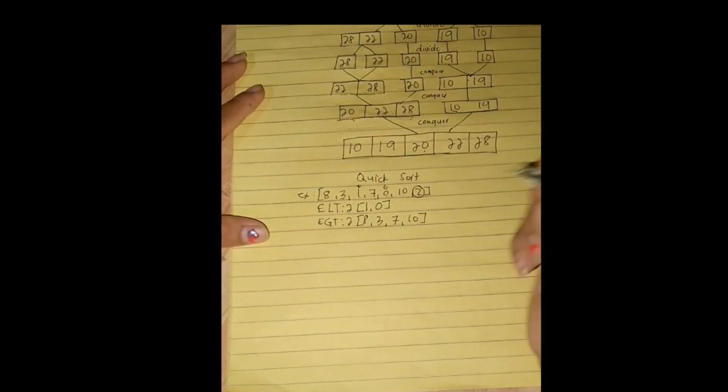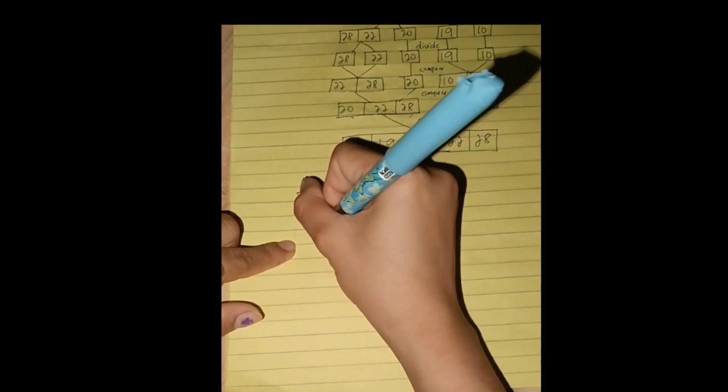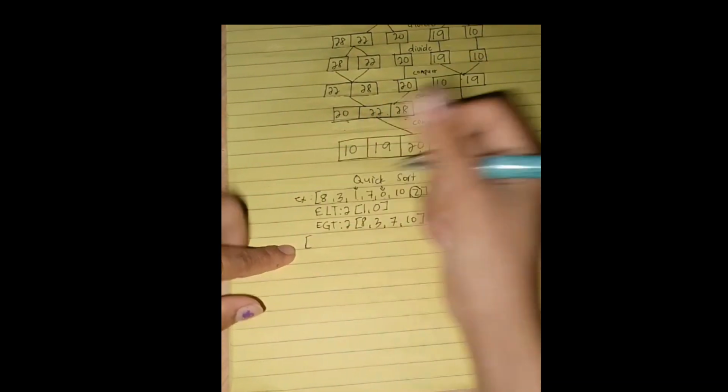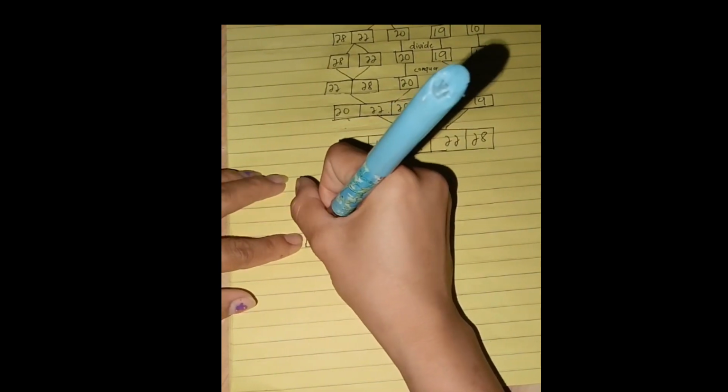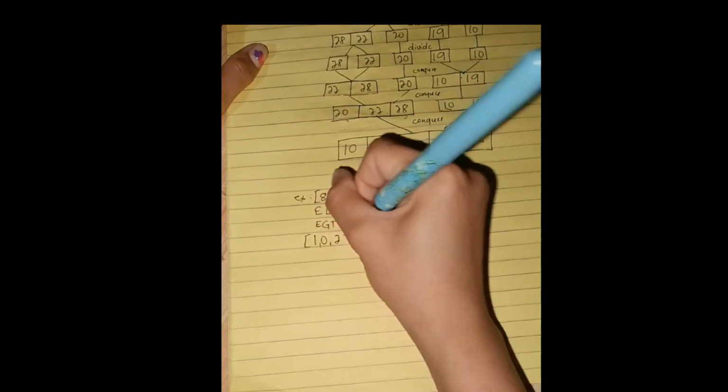At i-arrange naman natin ito sa correct answer. Ilagay natin dito ang element na less than kay 2. We have 0, 1. Then, ilagay natin si 2 sa gitna.